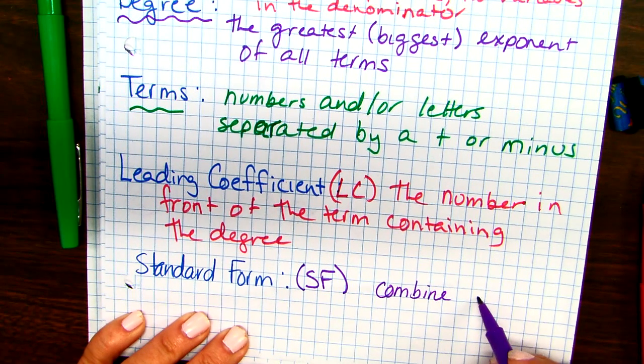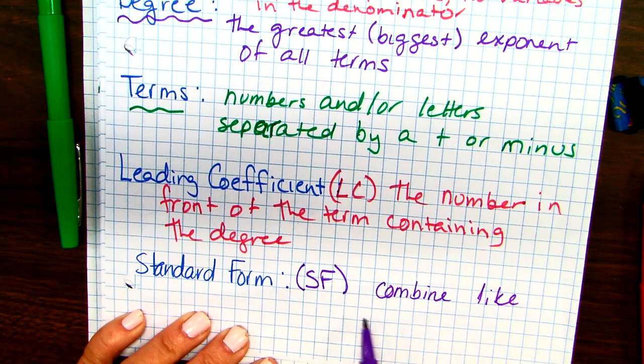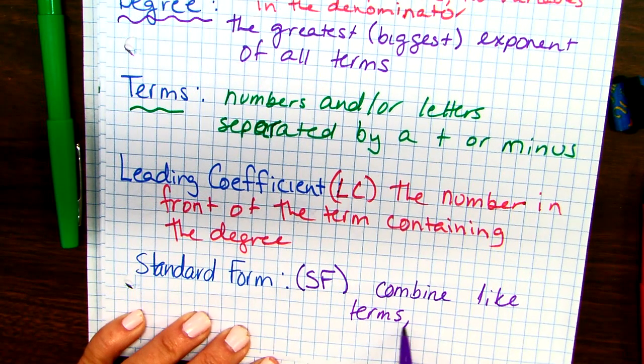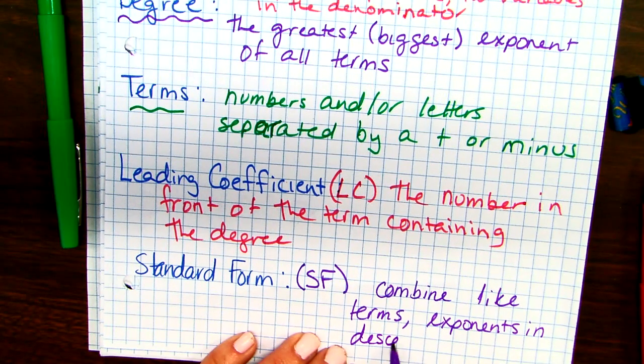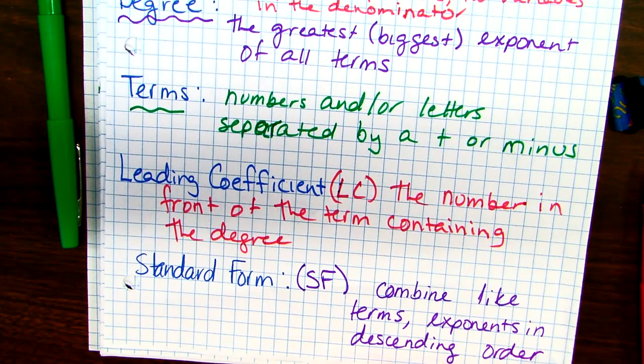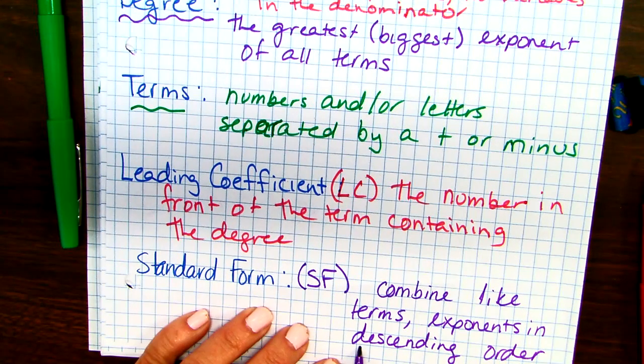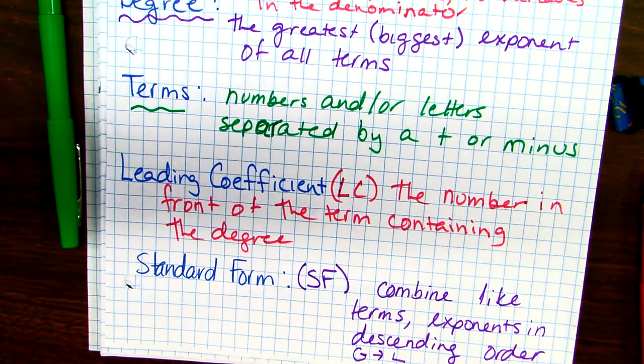So combine like terms, exponents in descending order. So descending is greatest to least. So descending, biggest number down to the smallest number. So you'll have to put polynomials in standard form according to that rule, okay?